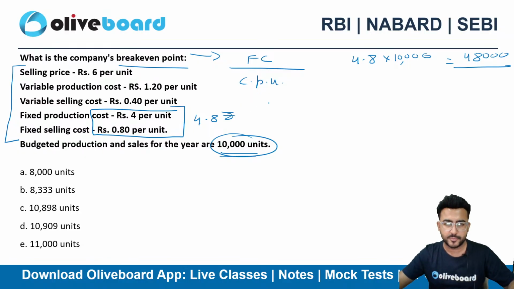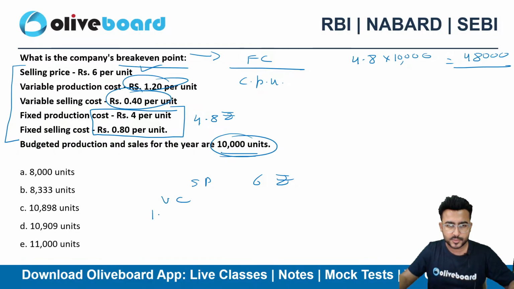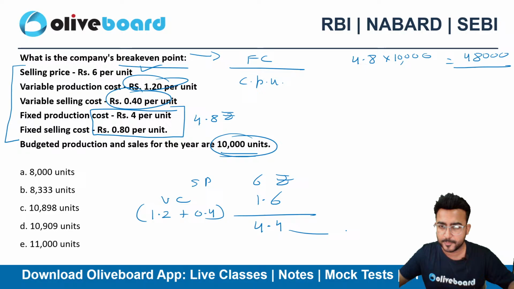What will be my contribution per unit, guys? Selling price is 6 rupee. Variable cost is 1.2 and 0.4. So 1.2 plus 0.4, 1.6. So 4.4 will be my contribution per unit, right?